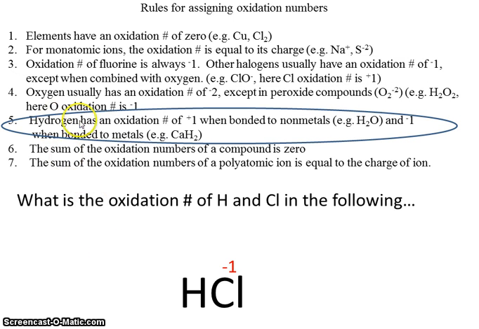Rule number 5 reads hydrogen has an oxidation number of +1 when bonded to non-metals. And here hydrogen is bonded to the non-metal chlorine. So hydrogen should have an oxidation number of +1. Notice that this is also what you would expect given their charges. Hydrogen's usually +1 and chloride is usually -1. So we can see that oftentimes oxidation numbers and charges are just the same thing.